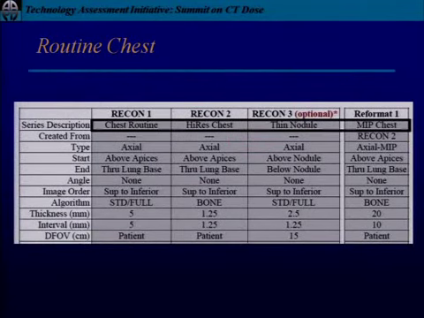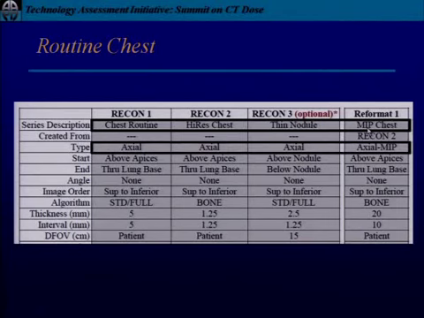Now how to recon. And I picked chest because we do several different recons. From that data set, we make our routine image, and we name them all the same so that the hanging protocols for the PACS system can sort out a routine chest versus the high-res chest. We do reformats, typically coronals. They're all an axial plane. This isn't a coronal. This is an axial MIP.